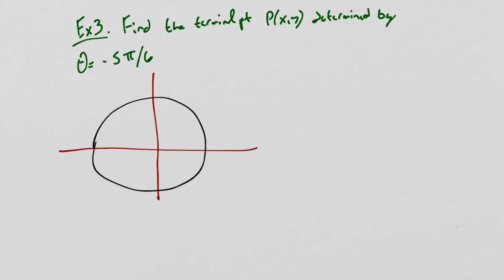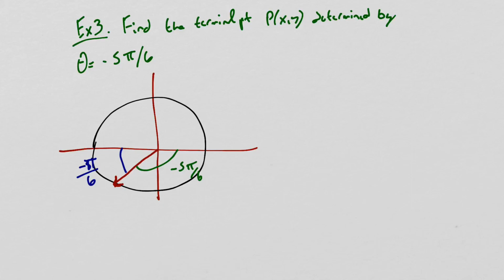This is a negative angle, which means that we're going to measure in the clockwise direction. 5 pi divided by 6 is still between 0 and negative pi, which means that the angle is going to push our ray to be in the third quadrant. Now the remaining angle between our ray and the negative x-axis is negative pi divided by 6.